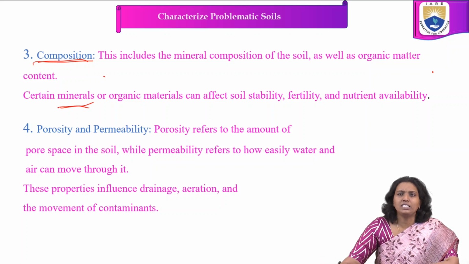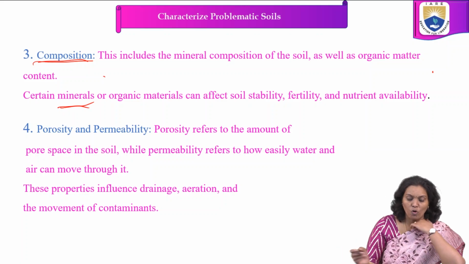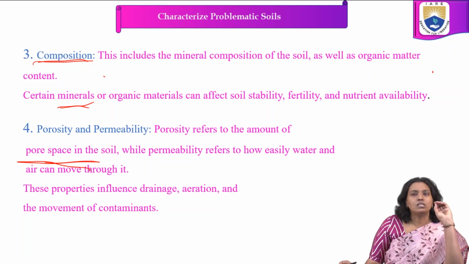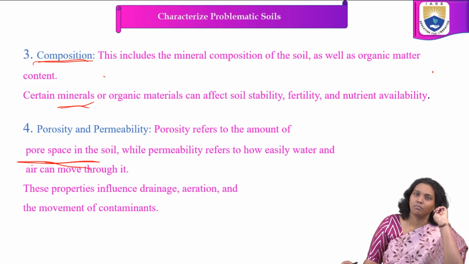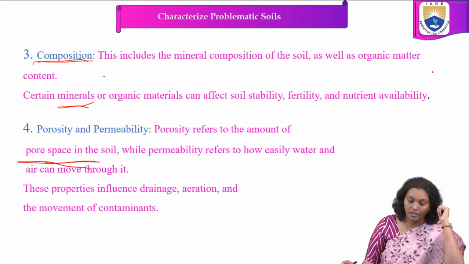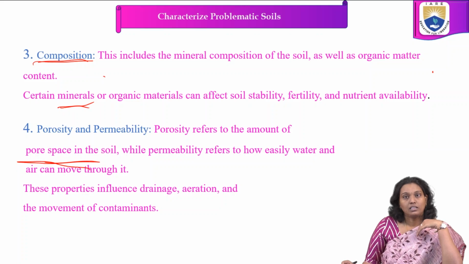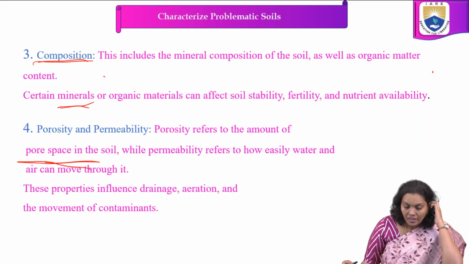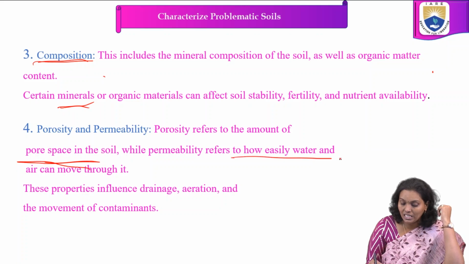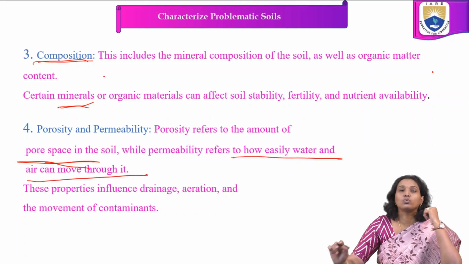The next one is porosity and permeability. Porosity refers to the amount of pore space in the soil. That space influences different properties. Permeability refers to how easily water and air can move through it.